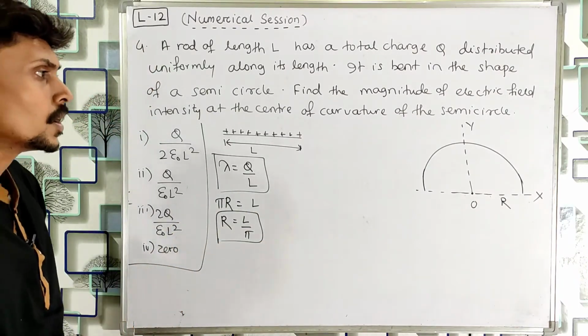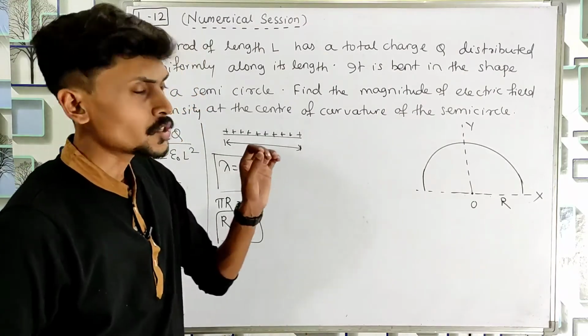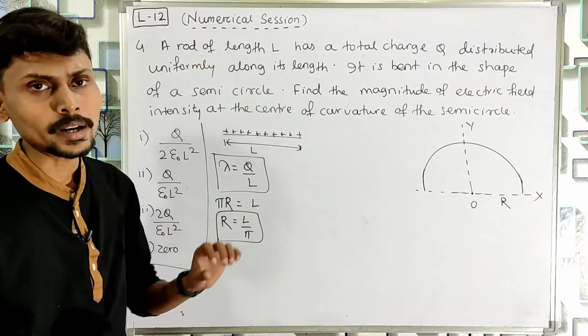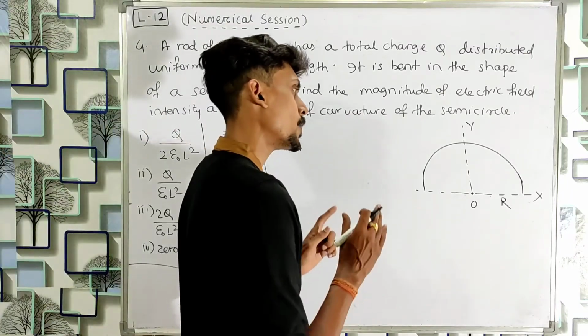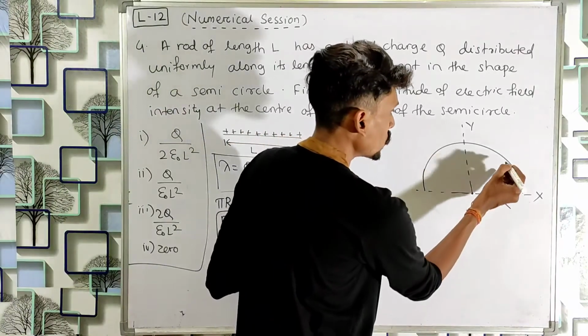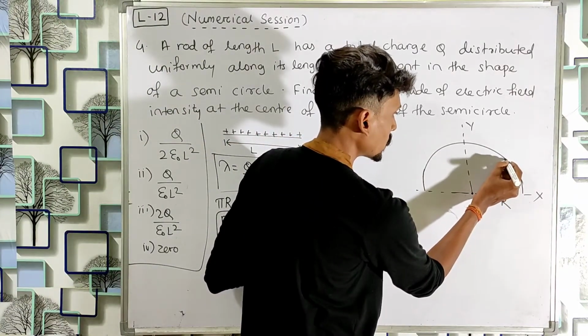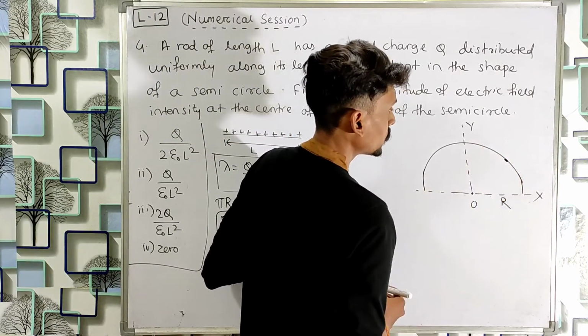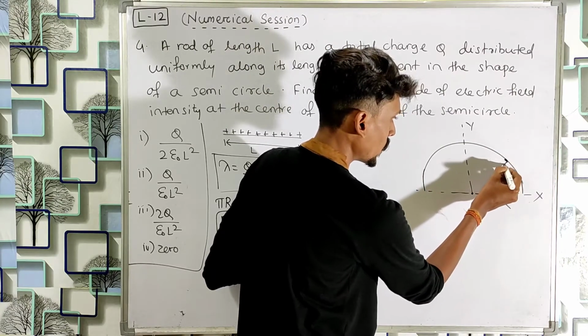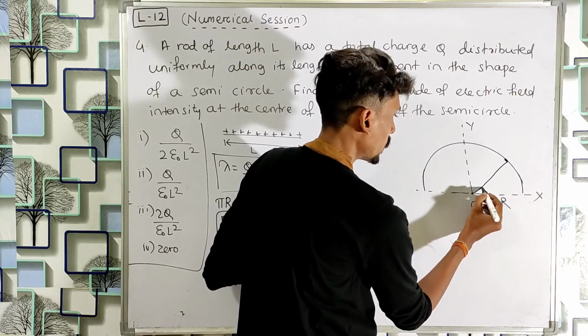Is that clear? So the charge is uniformly distributed over the entire wire. Means lambda is the same at every point. Now let us choose a small element here. If you join this end of the element with the point O, suppose the angle is theta.